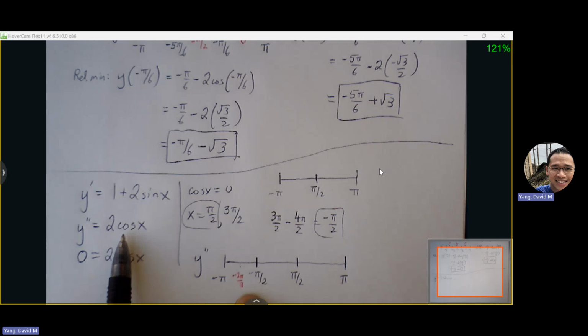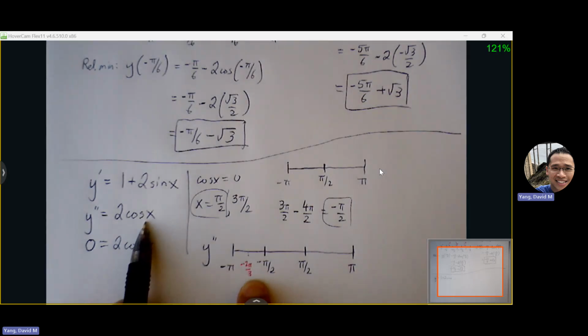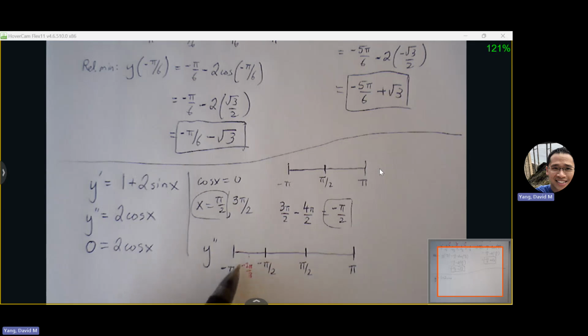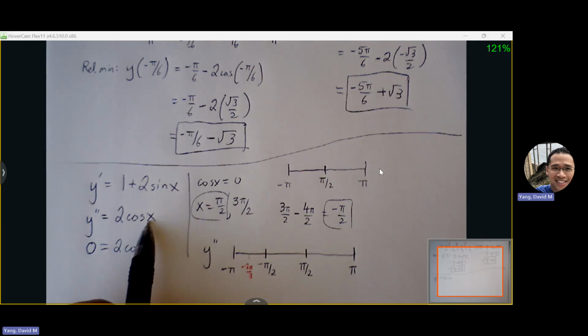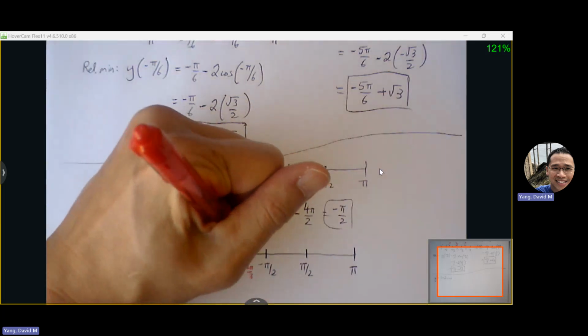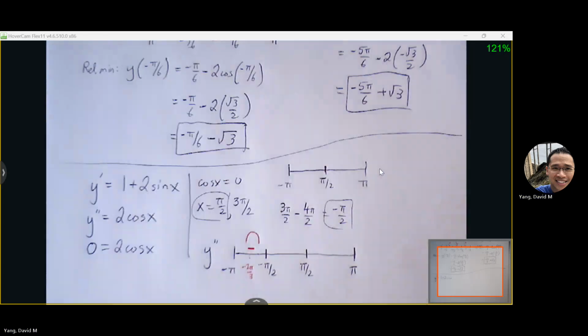Plug that into the second derivative here. Cosine of negative 2 pi over 3. Negative 2 pi over 3 is basically the third quadrant, right? So anything in the third quadrant is going to be negative. So that's going to be showing concave down, second derivative.